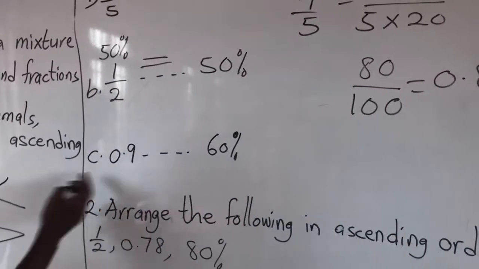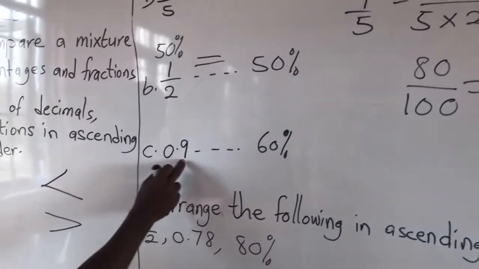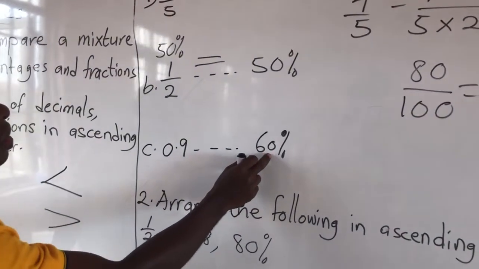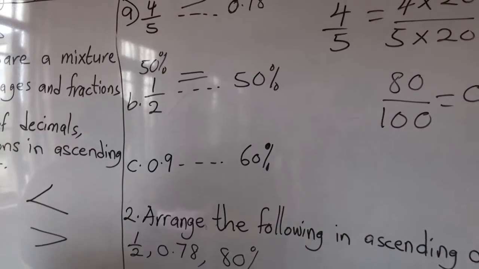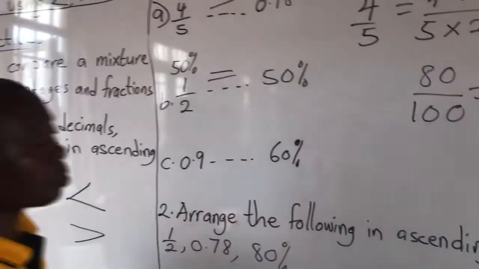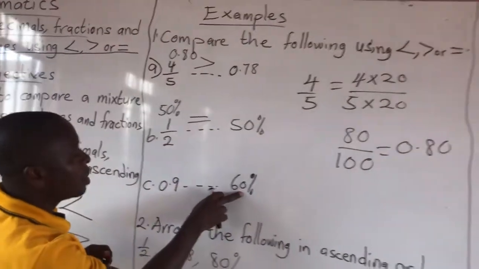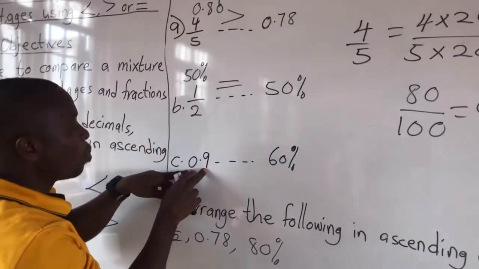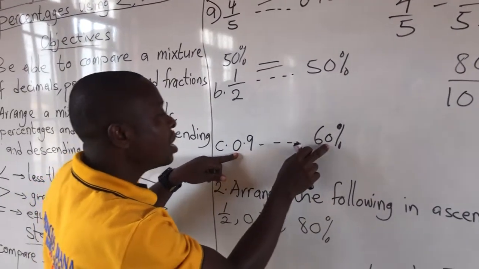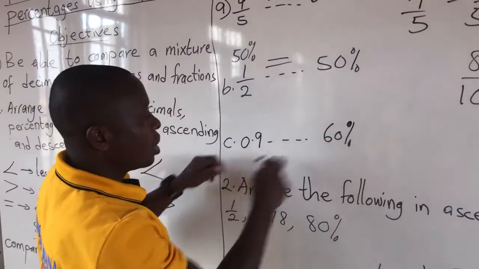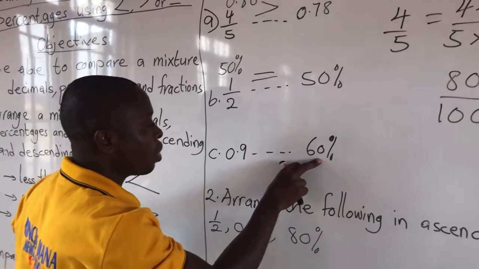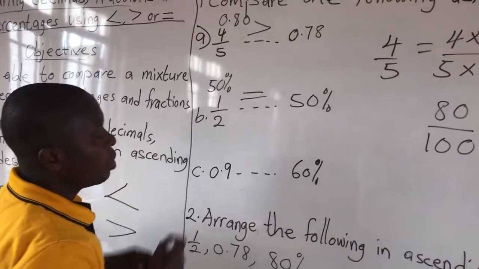Let's continue with our next example, which is 0.9 and 60%. Since this is already in percentage, we change the 0.9 to percent, or we change this one to decimal. Either we change this one to decimal or this to percentage.